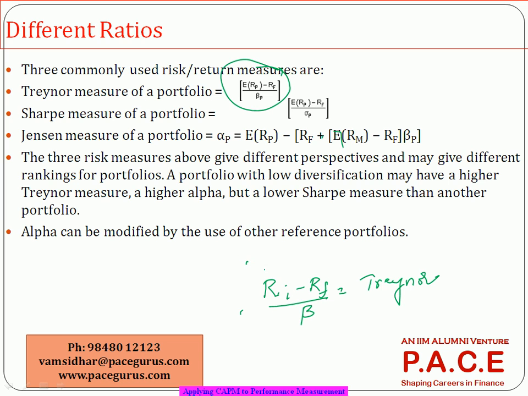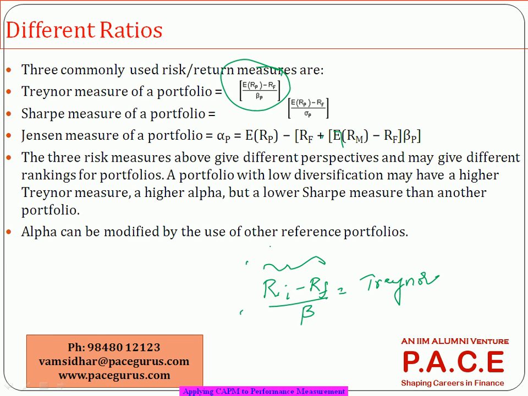Ri minus Rf is nothing but the excess return which your portfolio or a security has generated. When I say i, you take it as a security or even a portfolio. It is the excess return above the risk-free rate which your portfolio has generated, divided by beta of the portfolio, which is the risk. So for each 1 unit of systematic risk of the portfolio, what is the excess return that has been generated?